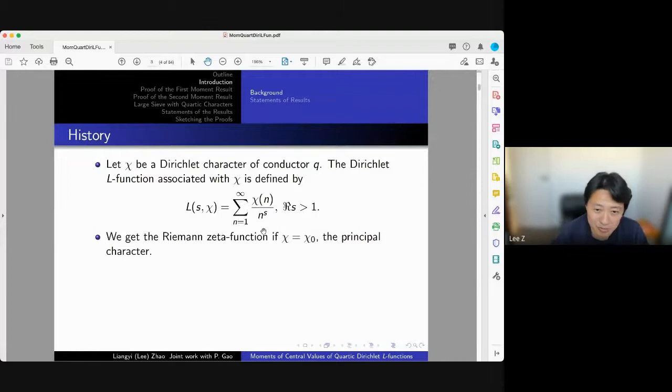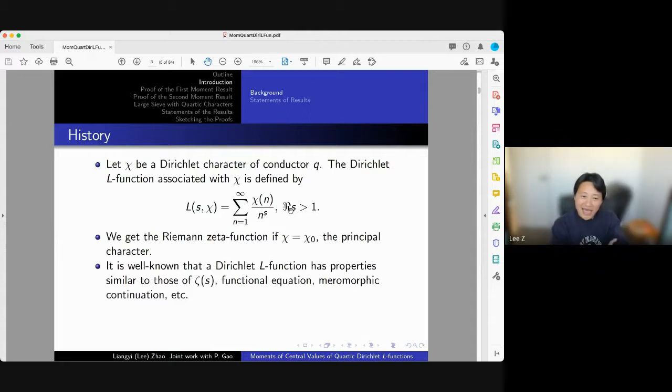The Riemann zeta function is basically the same sum, except upstairs of the summands, instead of chi(n), you have 1. The sum converges whenever the real part of s is strictly larger than 1, and you have the Riemann zeta function.